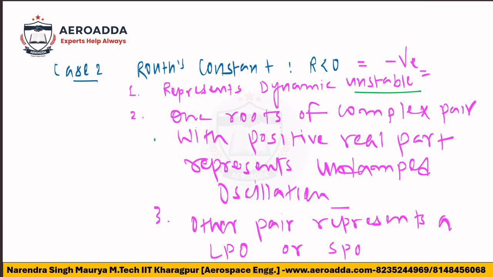A direct question can be asked to you. They will give the characteristic equation and simply ask whether this characteristic equation represents dynamic stable, dynamic unstable, or dynamic neutral. For that, you simply calculate the Routh constant. How will you get it?